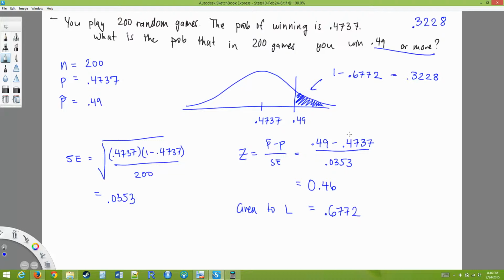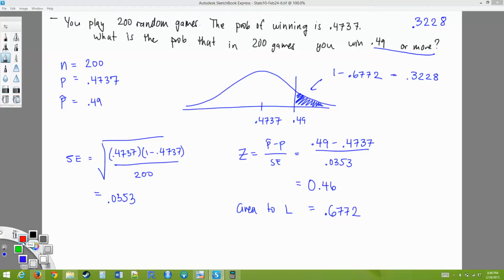Because if somebody plays 200 games, the probability that they win 49% of the time or more is about 32%. Okay? So 32% of people who play the game 200 times will win 49% or more. So it's not that weird that you won 49% of the time. Okay?